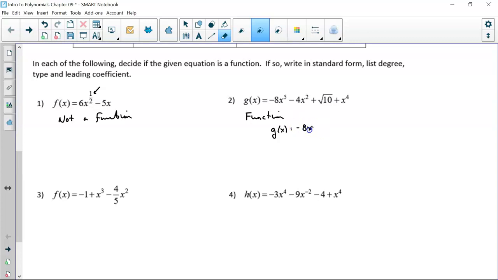Negative 8x to the 5th plus x to the 4th minus 4x squared, and then the constant plus the square root of 10. Now for this, the degree, the largest exponent is 5, and we call that pentic. And the leading coefficient, I'm just going to put LC for short, is negative 8.